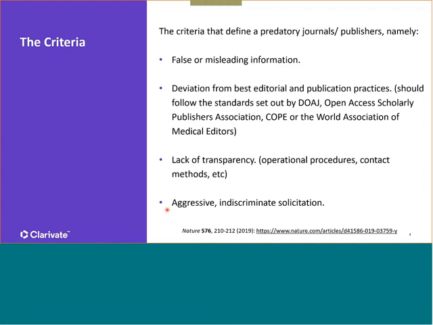So let's say, for example, you are in the veterinary science field. But you seem to be receiving a lot of emails for call for papers from a particular journal that is in, say, social sciences or even in mechanical engineering.